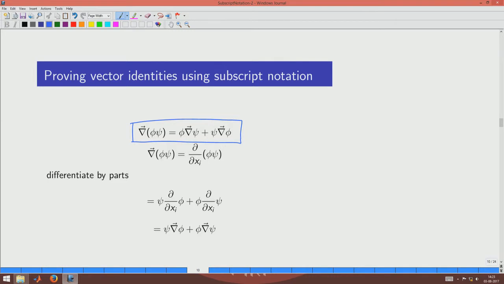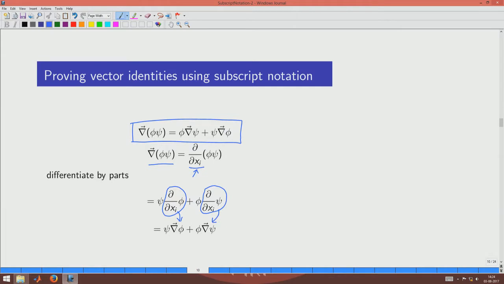First, we take the left hand side and write it in terms of the subscript notation, and so the nabla operator is going to be written in this form. Once this is over, we differentiate by parts, because this is a differentiation operator. So, when we differentiate by parts, first you can take the psi out and differentiate phi, and then take the phi out and differentiate psi, and then we realize that we have got terms that we can bring back into the vectorial notation, and that is what we have done here.